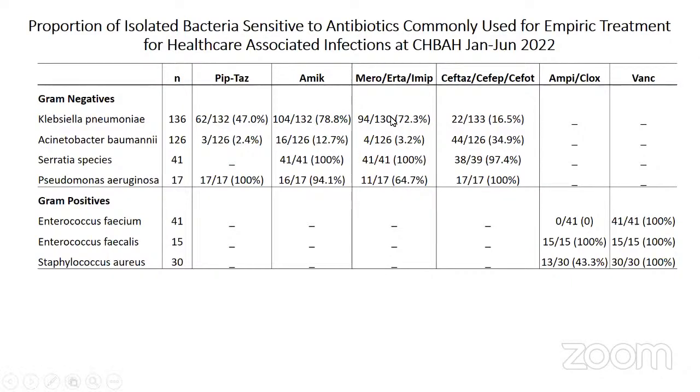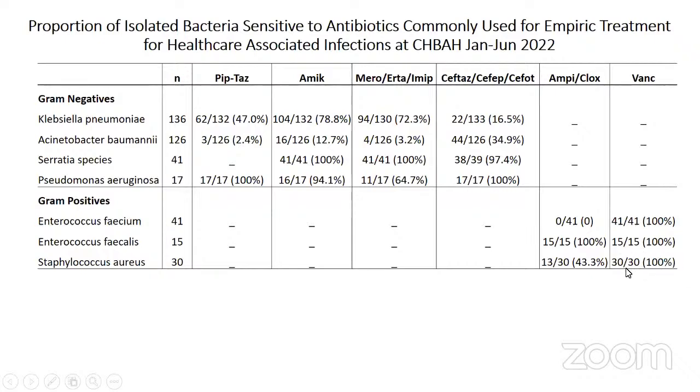Even meropenem for A. baumannii is not good enough. It's a bit better, well, if you say 35% is something better than nothing. Cefepime and ceftazidime, some of the A. baumannii are sensitive to that. When you come to the gram-positives, for staph we're dealing with MRSA most of the time, but we have not had MRSA that is resistant to vancomycin.